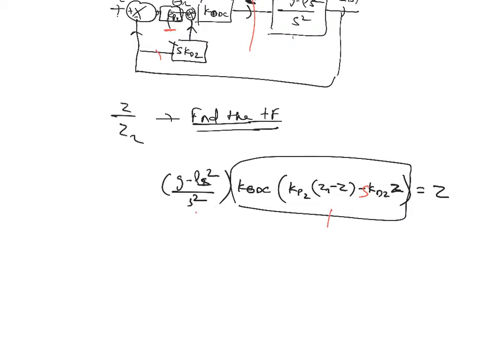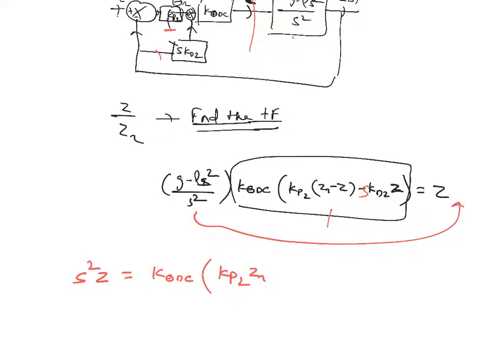I can multiply S square with Z, so it becomes S square Z equals K theta DC times KPZ ZR minus KPZ Z minus S KPZ into Z.